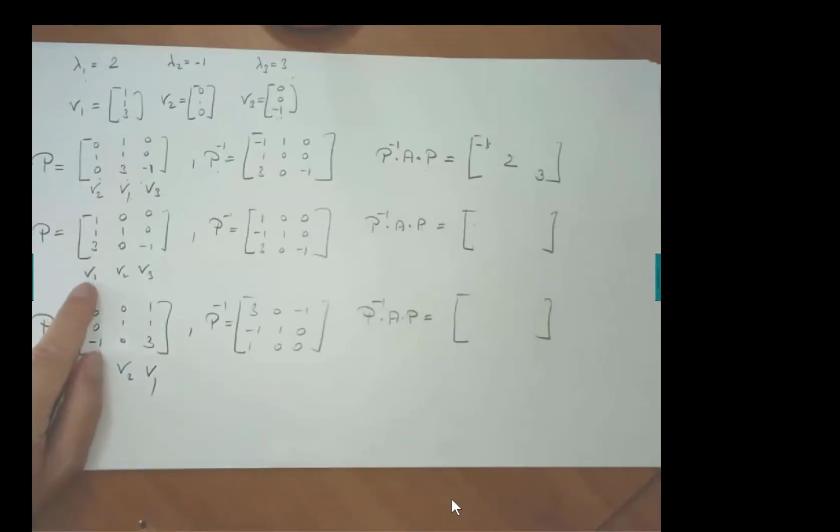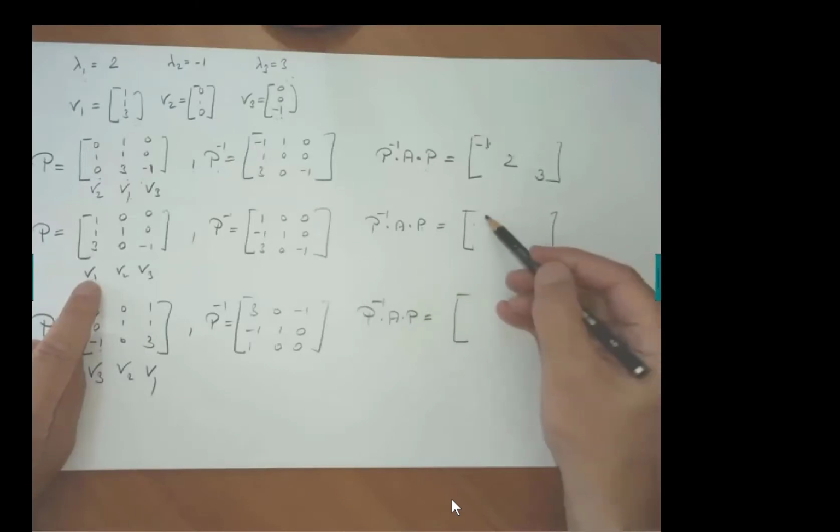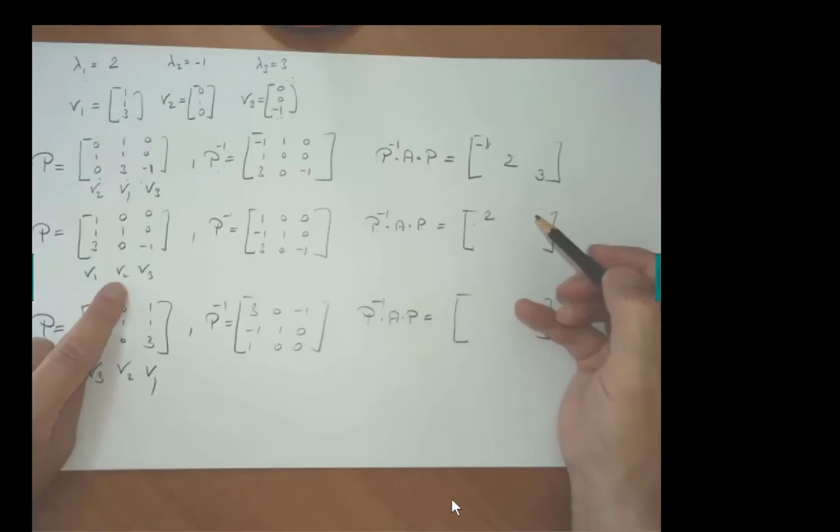Okay, so in the second row, what would be here along the diagonal? Starts with V1, so the first number is 2. Eigenvalue for V1 is 2. Then eigenvalue for V2 is -1.